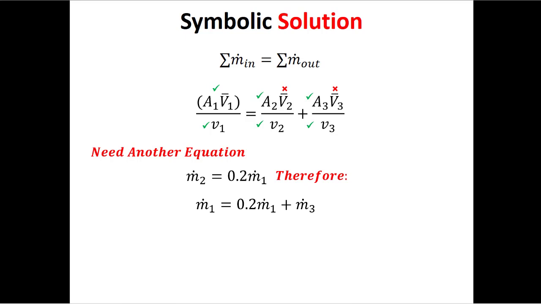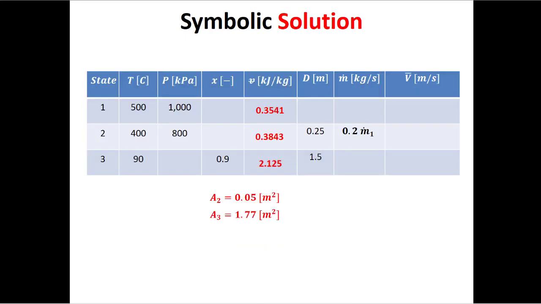And again, if conservation of mass applies and we're at steady state, I should see that if m dot 2 is 20% of m dot 1, then m dot 3 should be 80% of m dot 1, or that m dot 3 is equal to 0.8 times m dot 1.